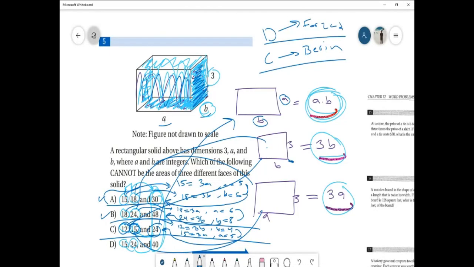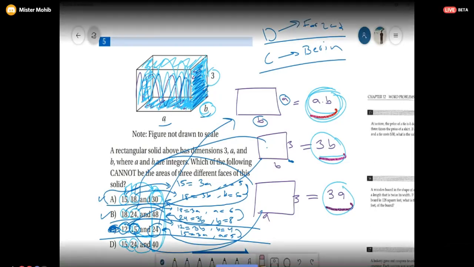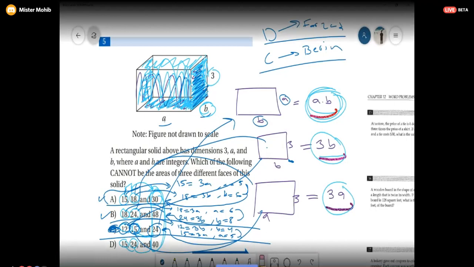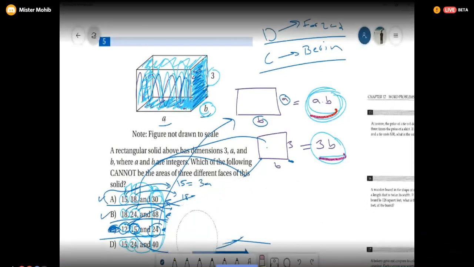So let's go to answer B. 12 can be 3B or 3A, it doesn't matter. I will say 3B, and 15 as 3A. From here you can find B as 4, and A as 5. When you multiply this, it should give you 24, but it is not.